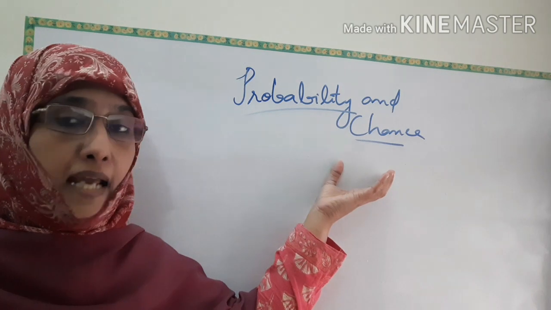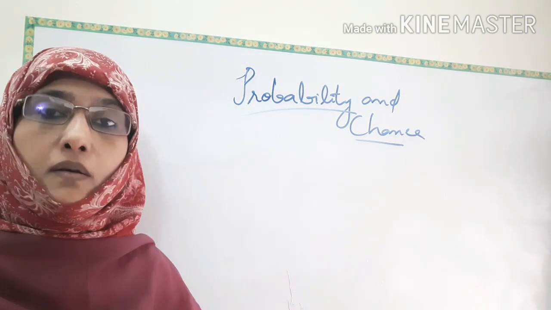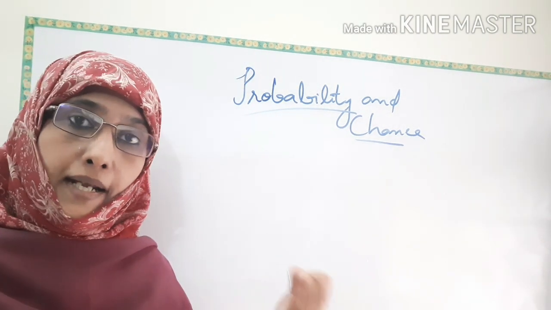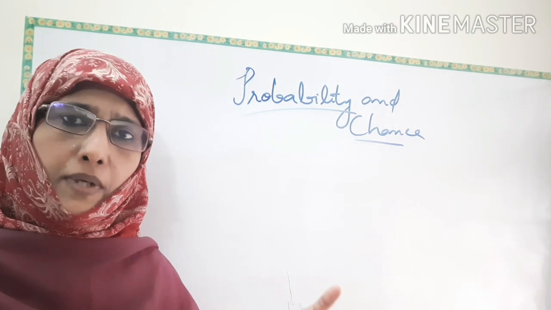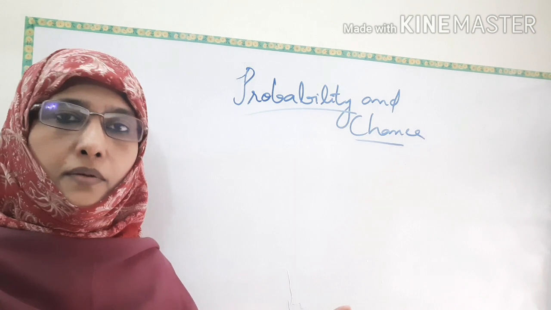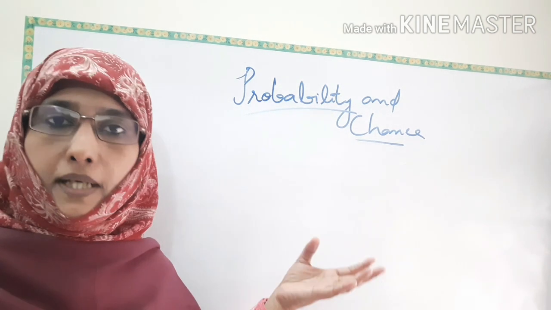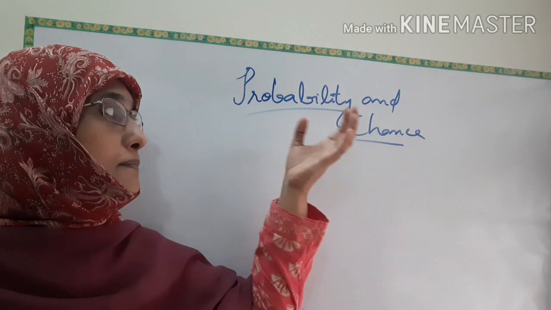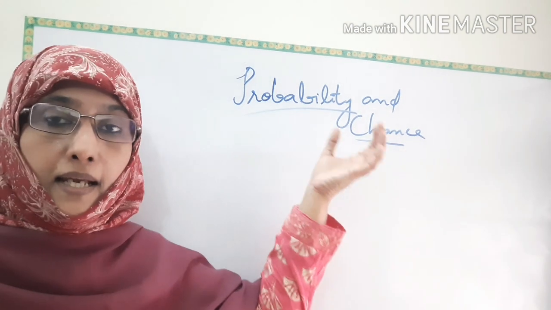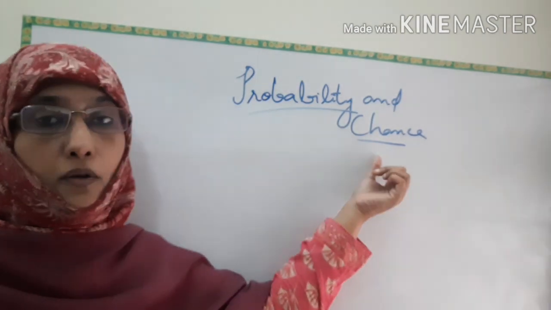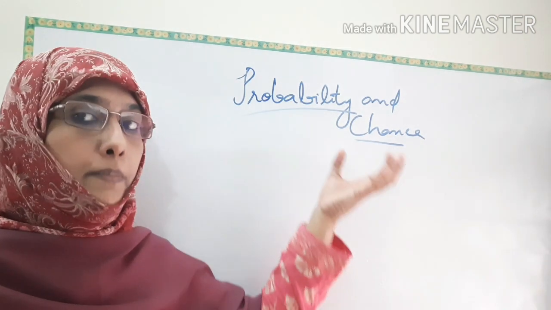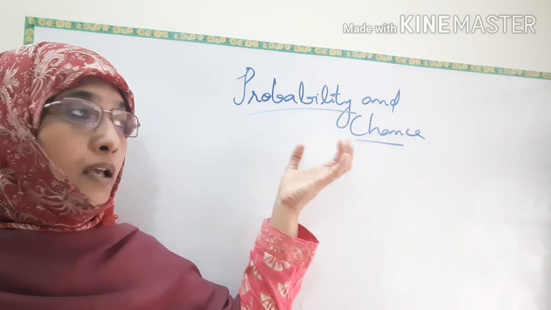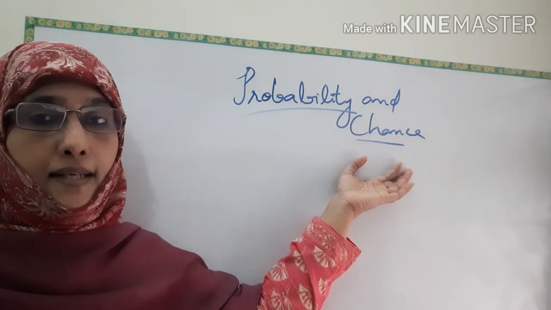So that is chance. You are tossing a coin. Head and tail, two outcomes are there. Sometimes you say, I will get head. You are not sure about that, but you are taking a chance there. That is what we say is chance, and probability and chance are almost the same. But when we convert this chance to a mathematical value, it becomes probability. Okay, the mathematical value of chance is probability.